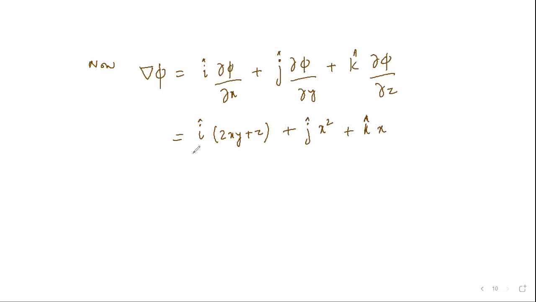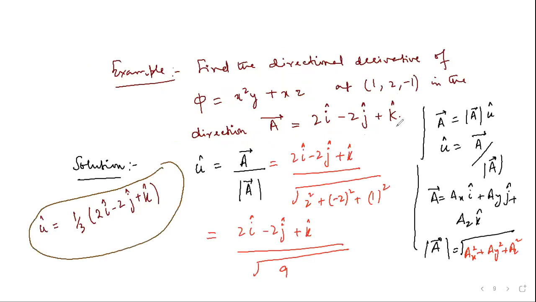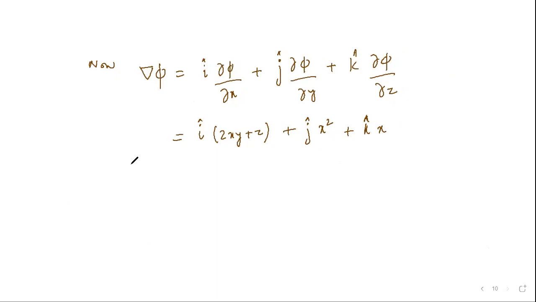This is a general point. Now I have to specify the point. Now my point is given: 1, 2, minus 1. So I have to put the values. Del phi, that is gradient phi, at 1, 2, minus 1.